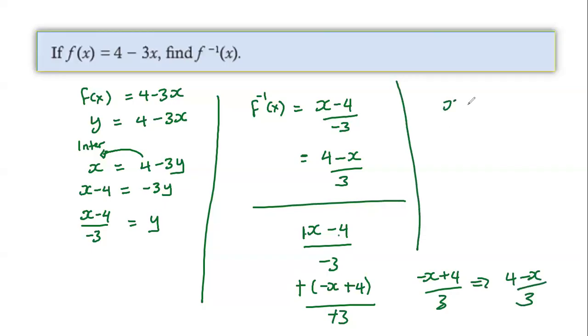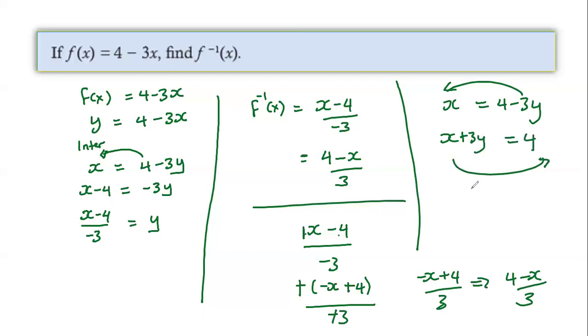Alternatively, if you don't want to work with those negatives, take the negative 3 this side, so you get x plus 3y equal to 4. Then take the x this side, you get 3y equal to 4 minus x, divided by 3 on both sides. So your y becomes 4 minus x out of 3. That's how it comes about.